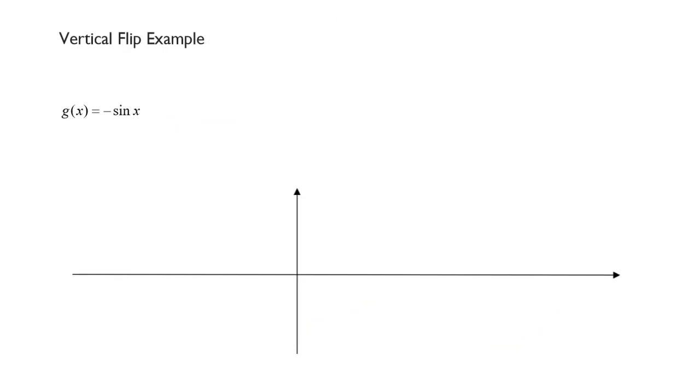In our last example, we have a vertical flip, and it's given to be the function g of x equals negative sine of x. First, I will label my axes.